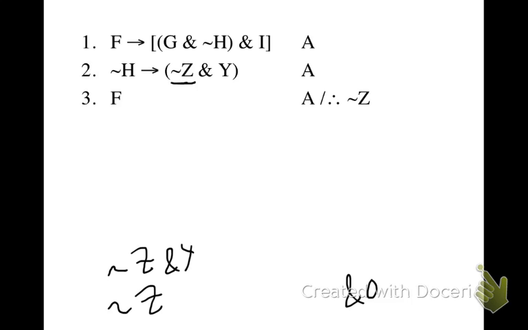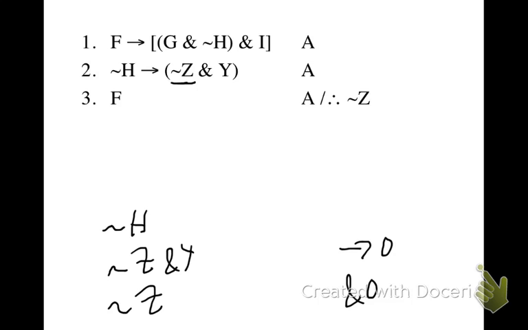Well, what is it going to take to get not z and y? Well, I'm going to need not h. And then I could get not z and y by arrow out, using line 2 and whatever line not h turns out to be.